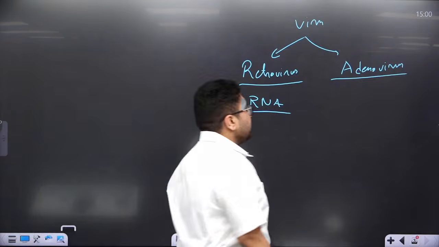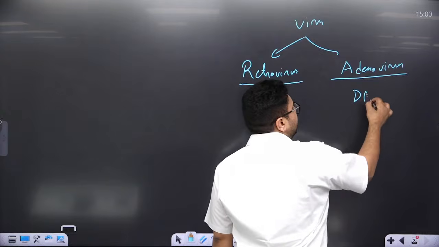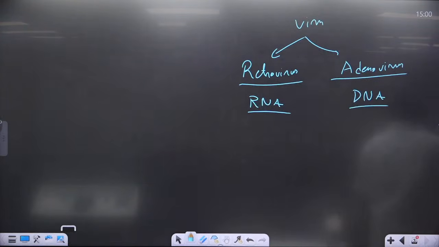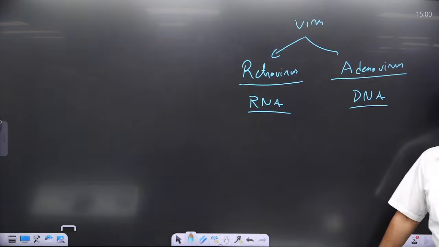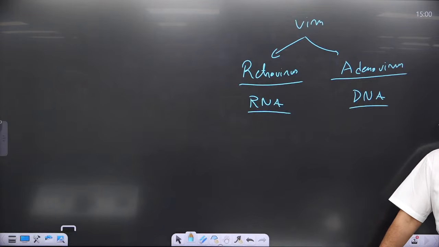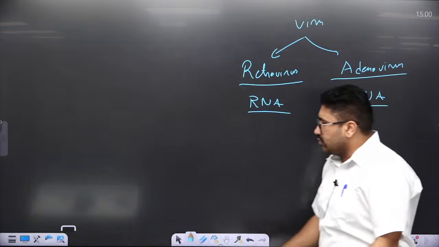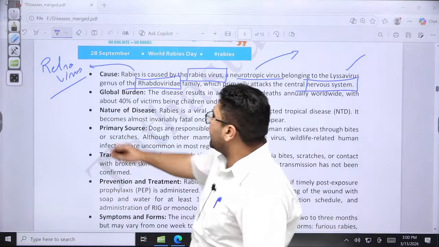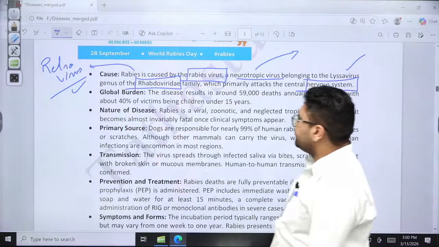If the genetic material of the virus is DNA, D से DNA, D से adenovirus. So if I say the rabies virus is a retrovirus, that means the rabies virus का genetic material RNA है, and it is not a double stranded DNA, it is a single stranded RNA which is encoded in a protein. So that is the point that you need to remember, that rabies virus is a retrovirus.